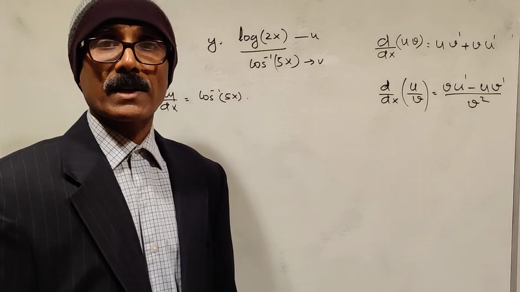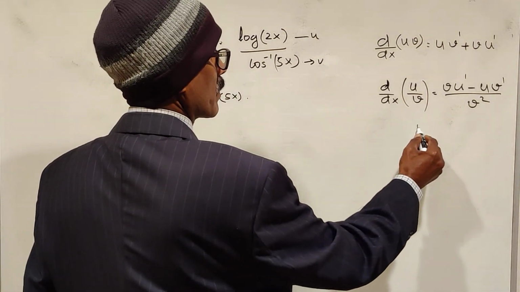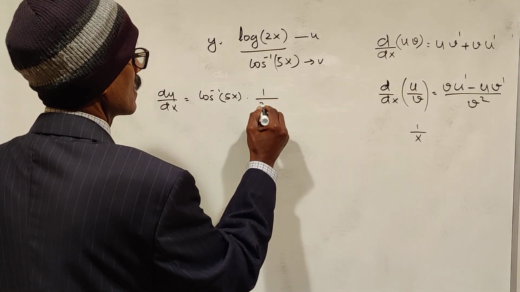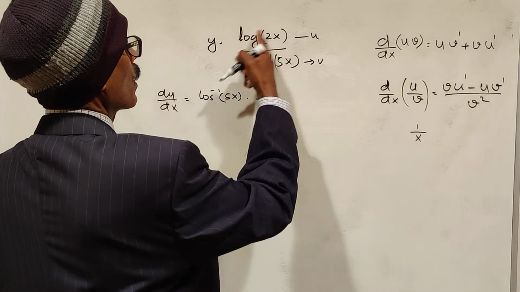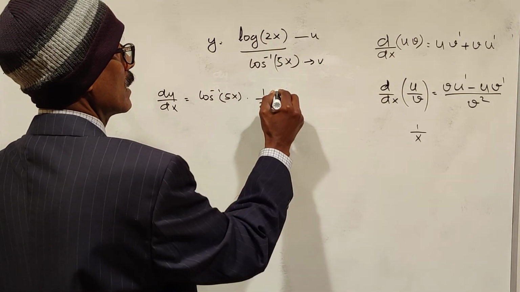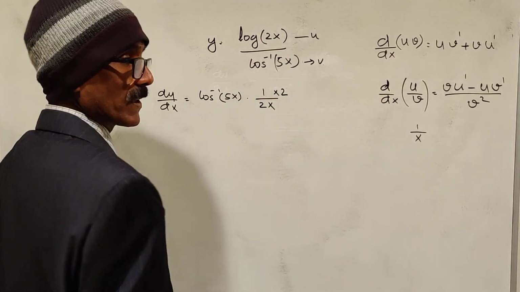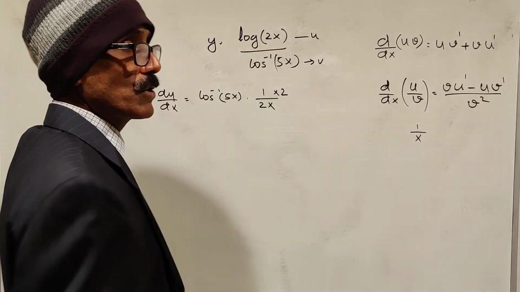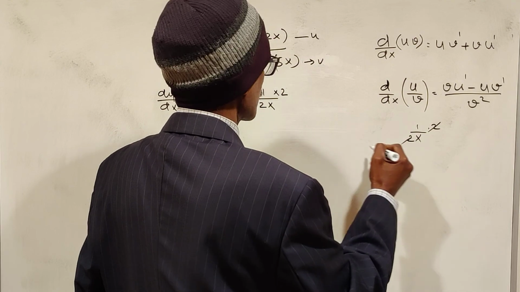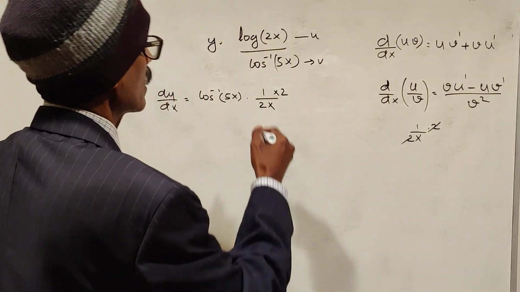What is the derivative of log x? Derivative of log x is 1 by x. Derivative of log u is 1 by u into derivative of u, times 2. Got it? Derivative of log 2x is 1 by 2x times 2. The 2 can cancel. Next step we can do that.